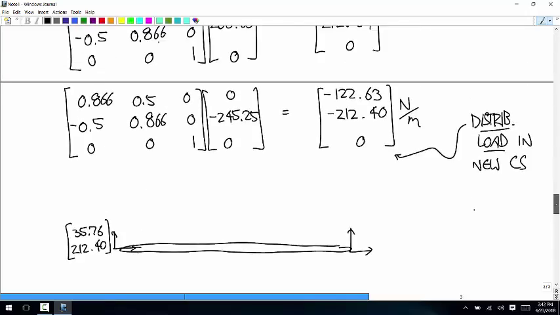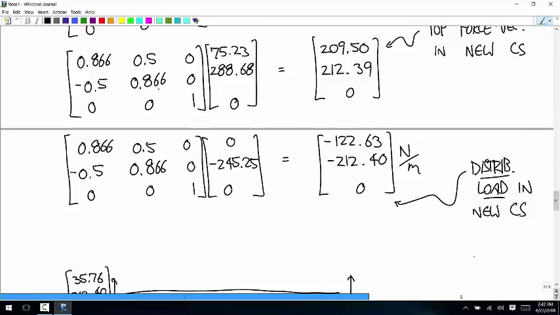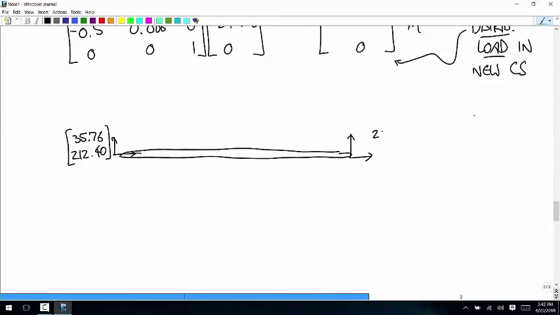Right vector, 209.50, 212.39. I'm going to call that round off error.